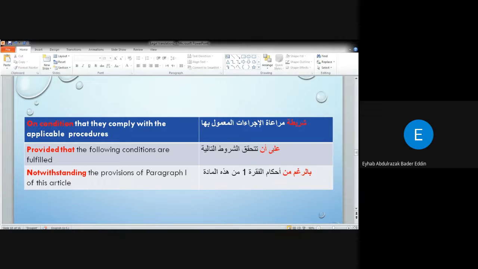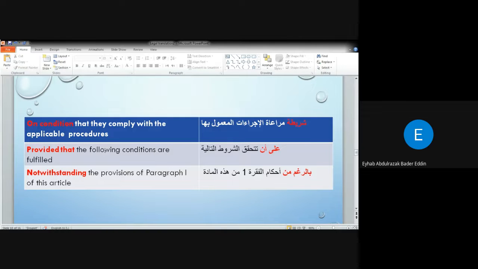Okay? Right. So as you see here, the word sharita, we translate it as on condition that. Then, also meaning a condition that the following conditions be met, we translate it as provided that. So notice with me that after on condition or provided that we have full sentences. We have a subject and a verb, and here an object of preposition, and here a subject and a verb.